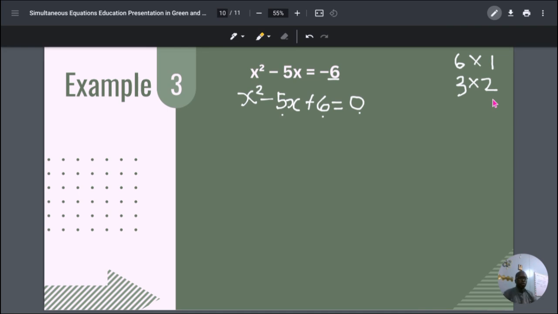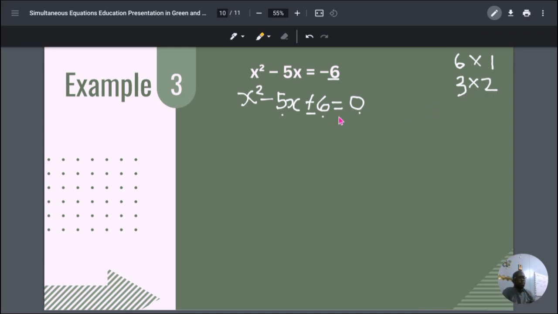Now, the signs is where the issue is, because this is a plus. So all my multiplication, if I do 6 times 1, it will give me a plus. If I do 3 times 2, it will give me a plus. So plus times plus is always landing as a plus.